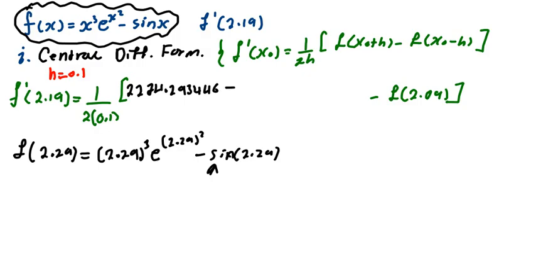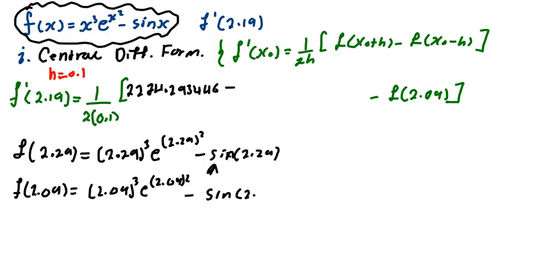You do the same for the second one. f of 2.09 is equal to 2.09 to the power 3 by e to the power 2.09 squared, minus sine of 2.09.